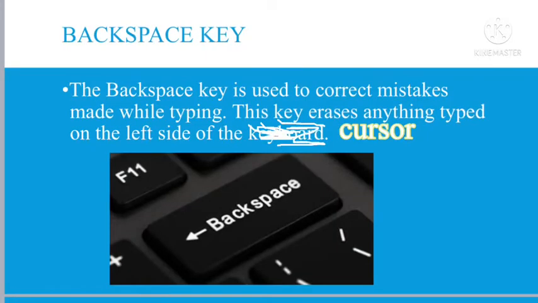So the next key that we're going to learn about is called the backspace key. So it acts just like an eraser, and whenever you make any mistake or an error while typing, you can use this key to delete any letter or any number which is on the left side of the cursor.